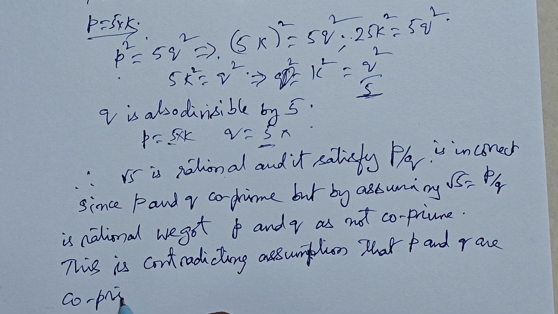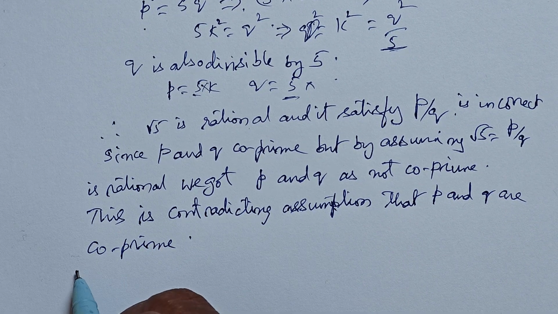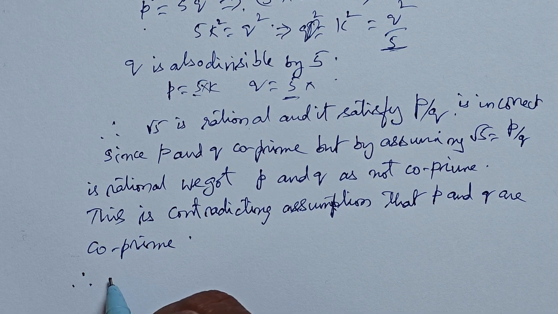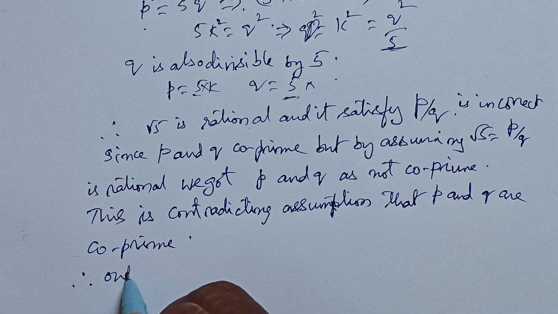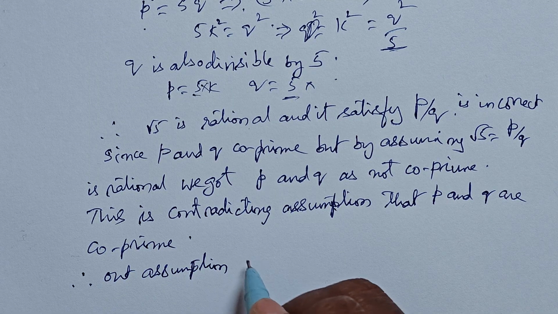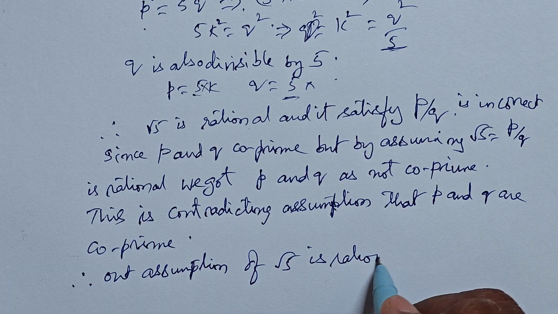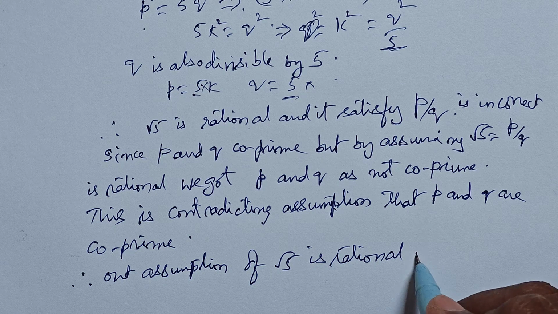Therefore, that means, or simply therefore, our assumption that root 5 is rational is incorrect.